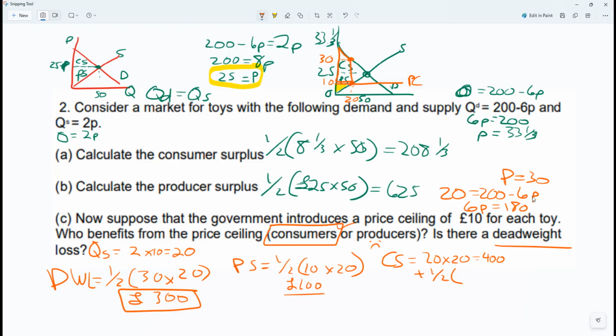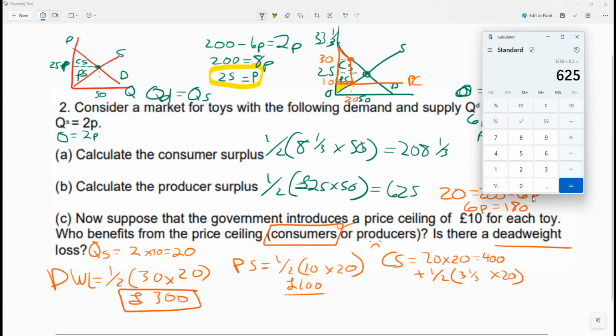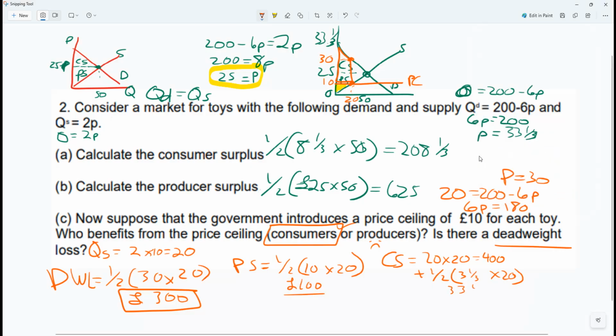So that's 3 1/3 on 20 units. That's a little harder. It's not a big number, but it's a little harder number. So 3 point 3 times 20 units. Half of that. 33 and a third. And now we've got our number. So our total consumer surplus is 433 pounds and 1/3.